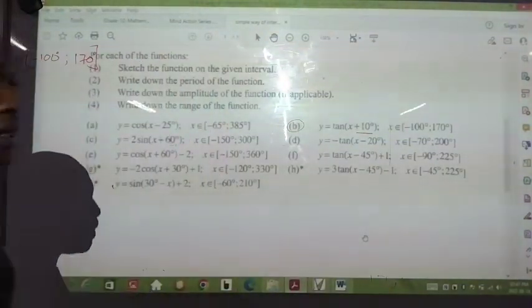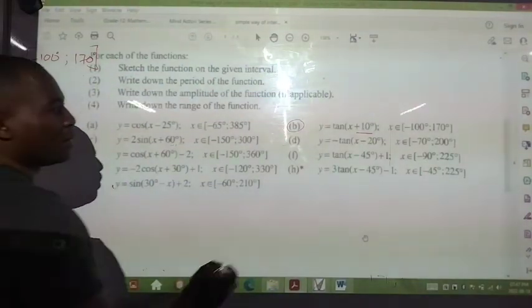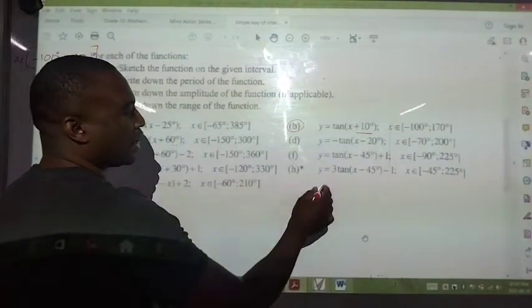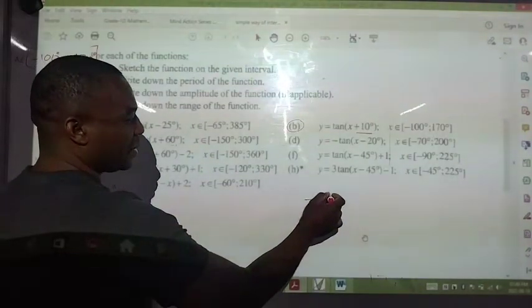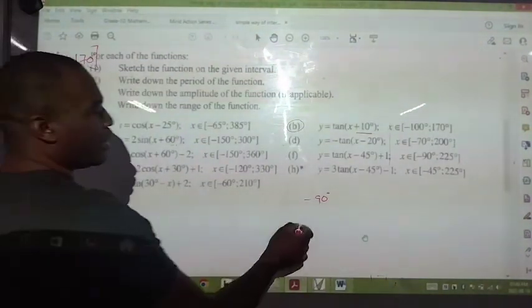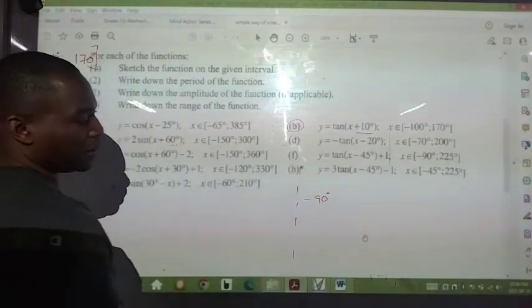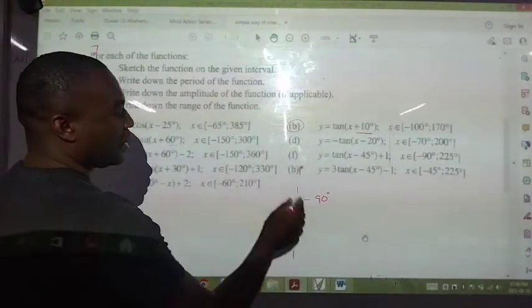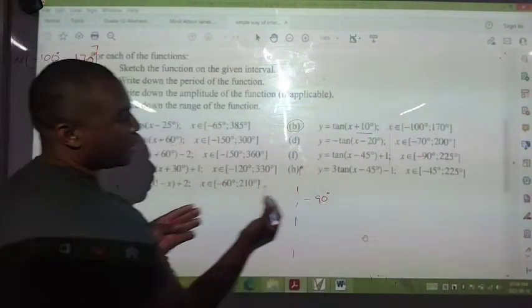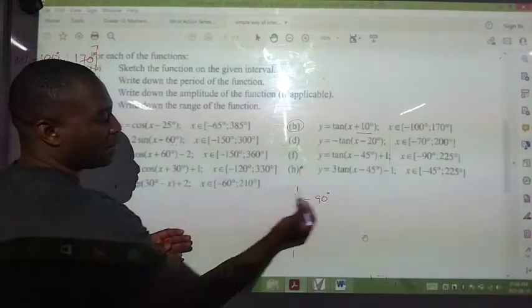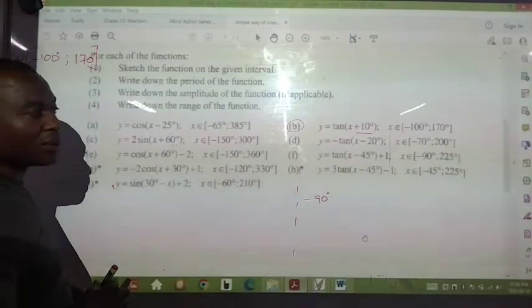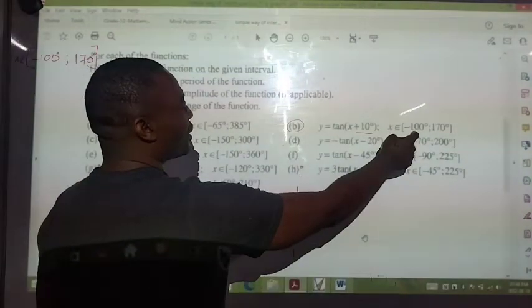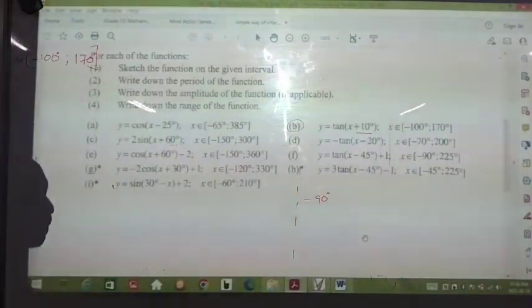And if we understand this well, we know that at negative 90 degrees, we have an asymptote. All right? So everything is moved 10 degrees to the left. That's why now it's negative 100. So that we are going to accommodate the asymptote there.